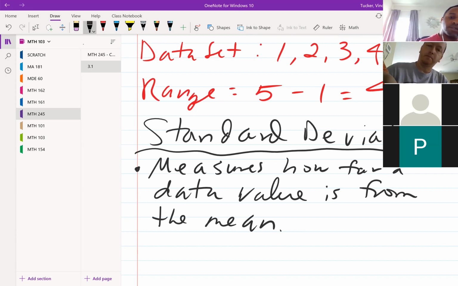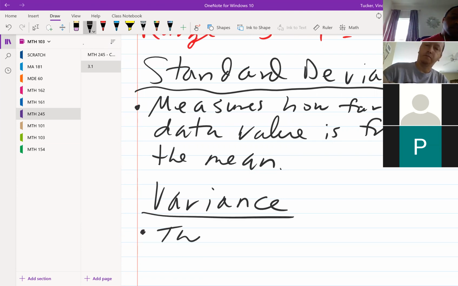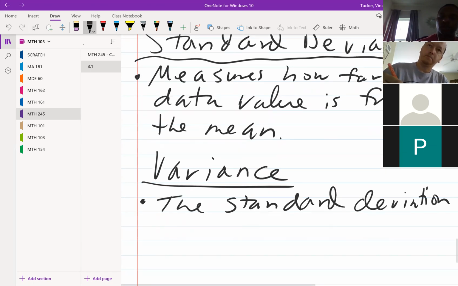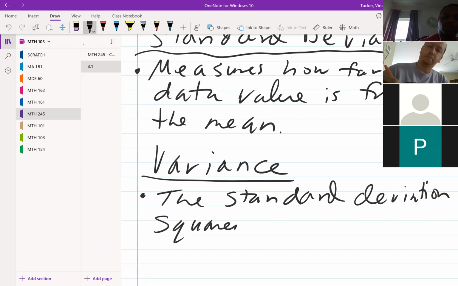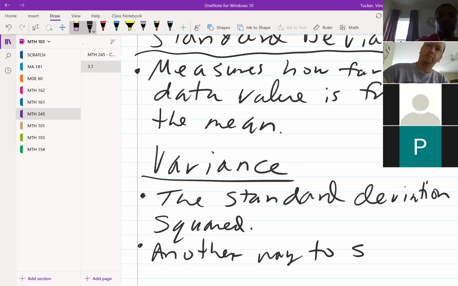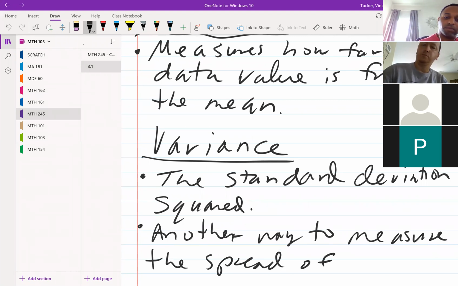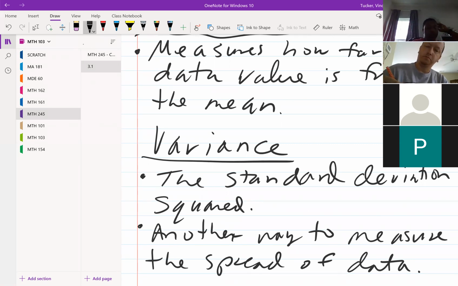Then your variance is your standard deviation squared, and it's just another way to measure the spread of data.